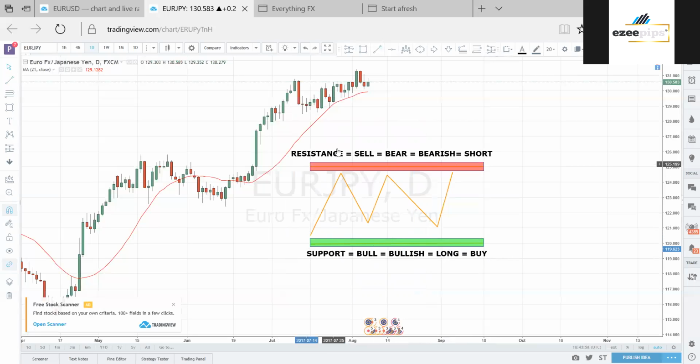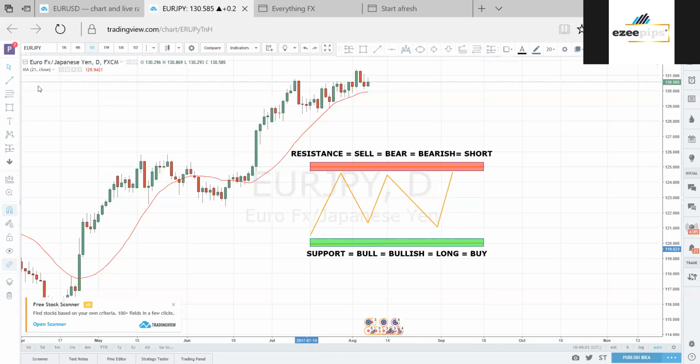The same way, if someone says at a level of resistance that price is going short or bearish, you know that price is in a downtrend, price is selling. So at levels of support, look for buying candles. At levels of resistance, look for selling candles.